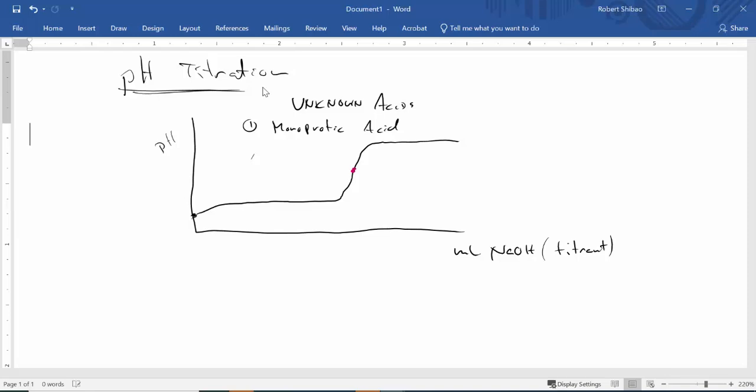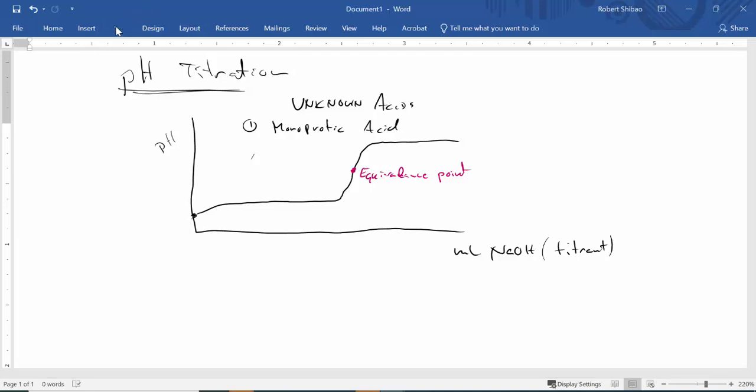Or actually it's not really the end point. At the point of inflection here, right in the center, that's called our equivalence point.